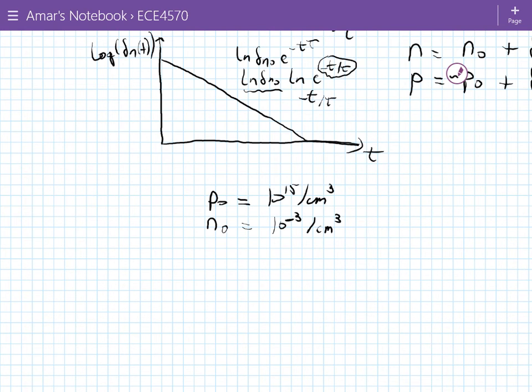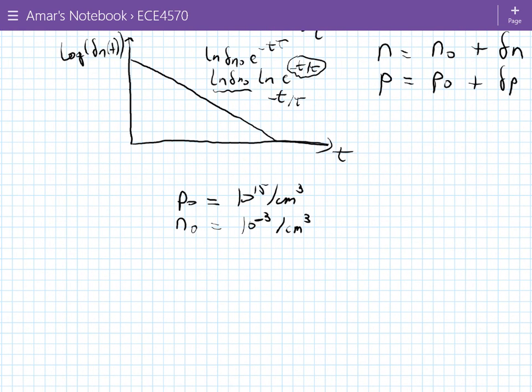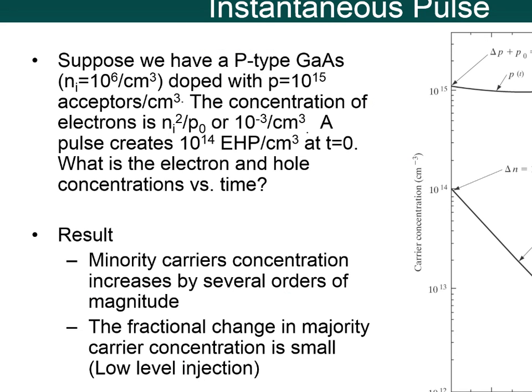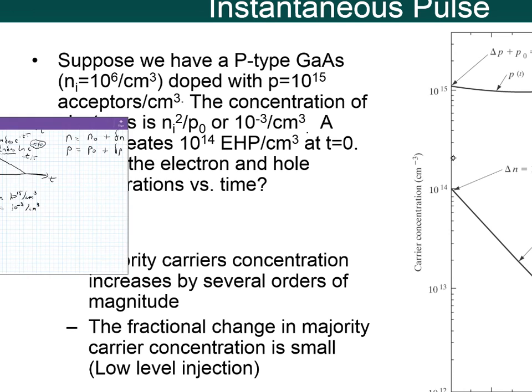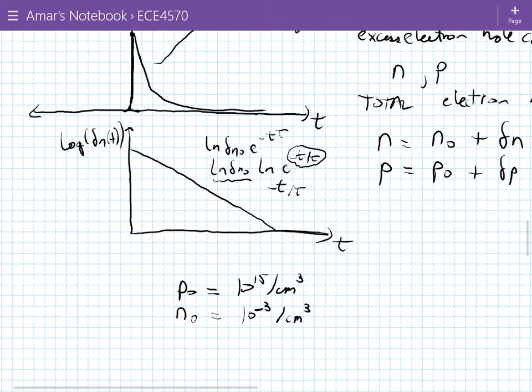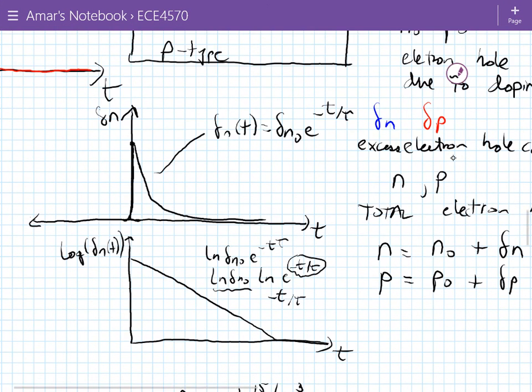And this problem is saying the pulse creates 10^14 electron hole pairs per centimeter cubed at t equals 0. So the 10^14 is this Δn0.